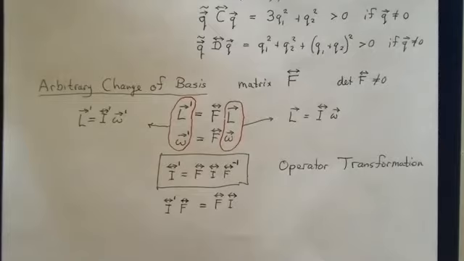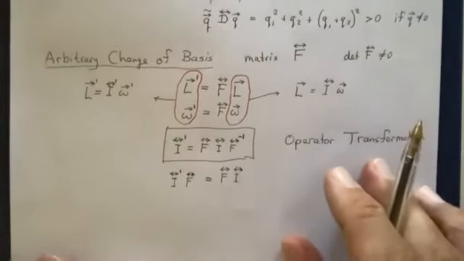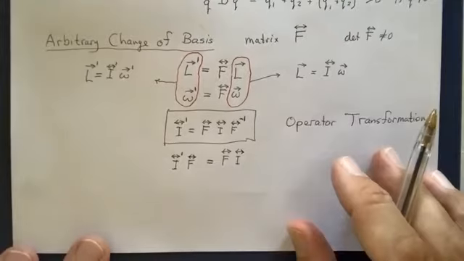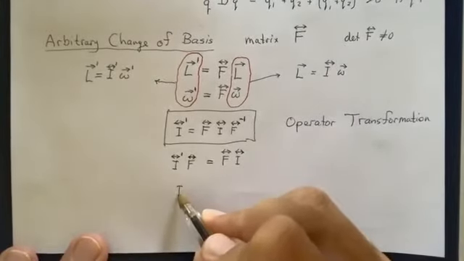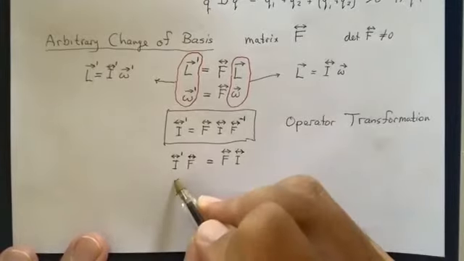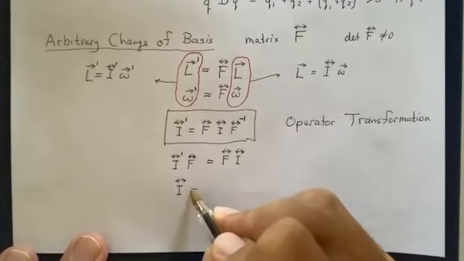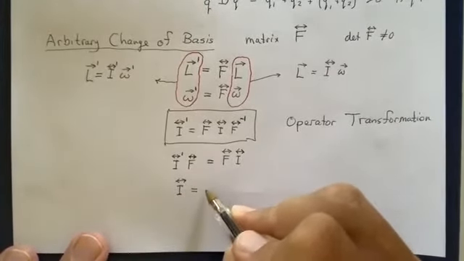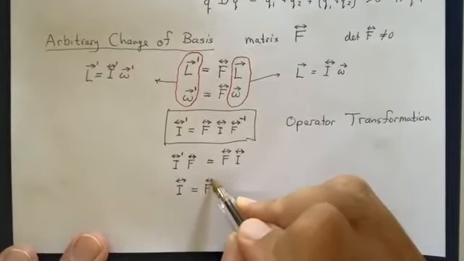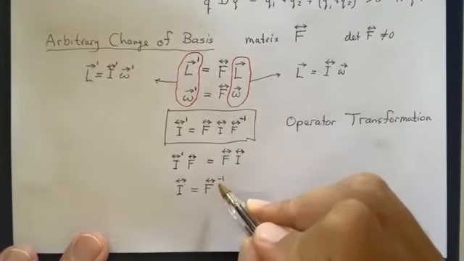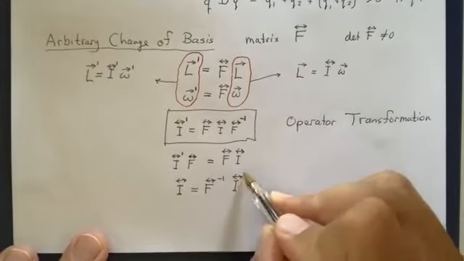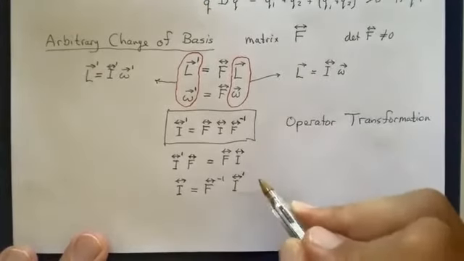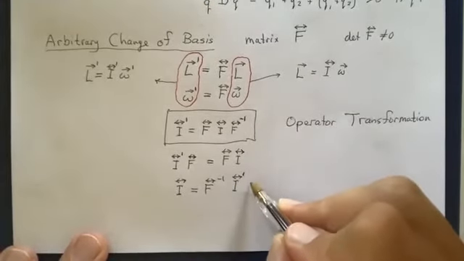Now we're going to left multiply by the inverse of F. So if we left multiply by the inverse of F, notice what happens. I'm going to rewrite this slightly and put the I matrix over here. So there's the primed object, and here's the F matrix.